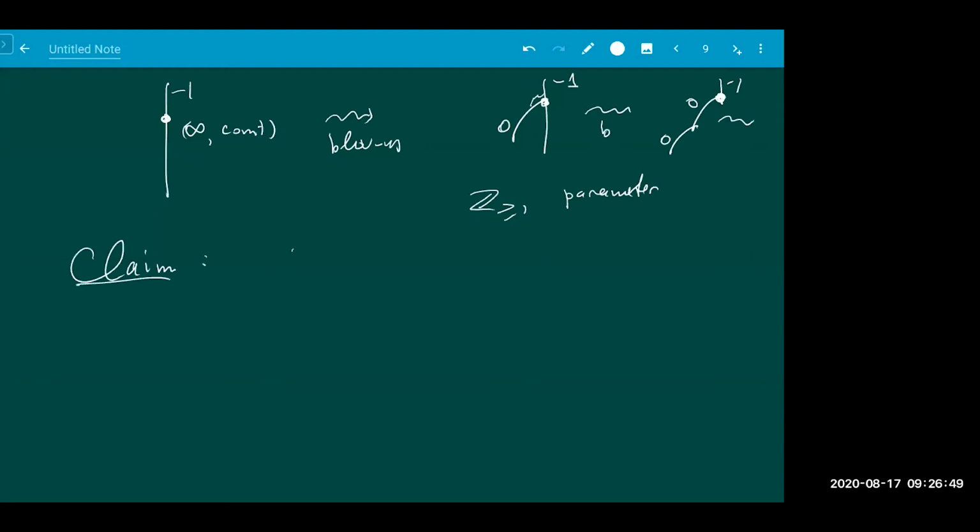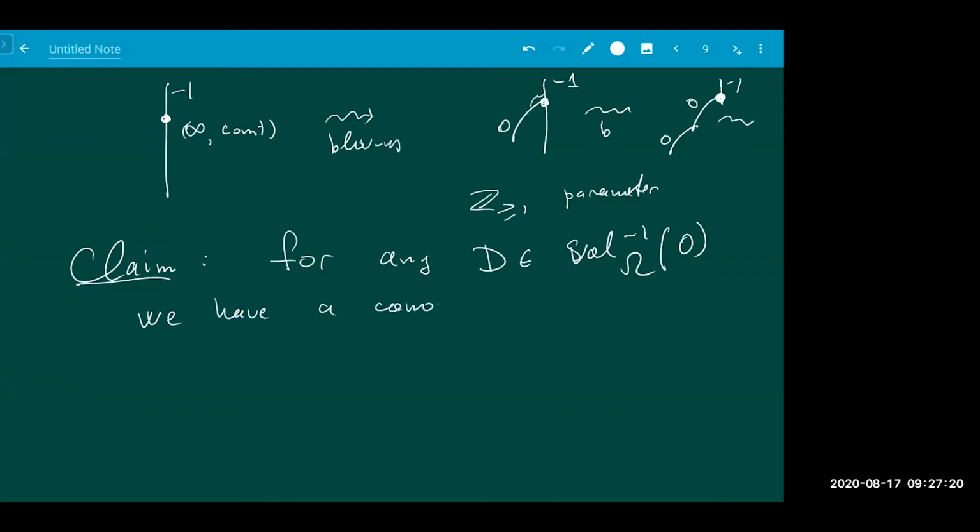Claim that for any divisor D which belongs to valuation -1 or 0, so a divisor where my form has no zeros or poles, we have a canonical automorphism of my field K, which does the following.